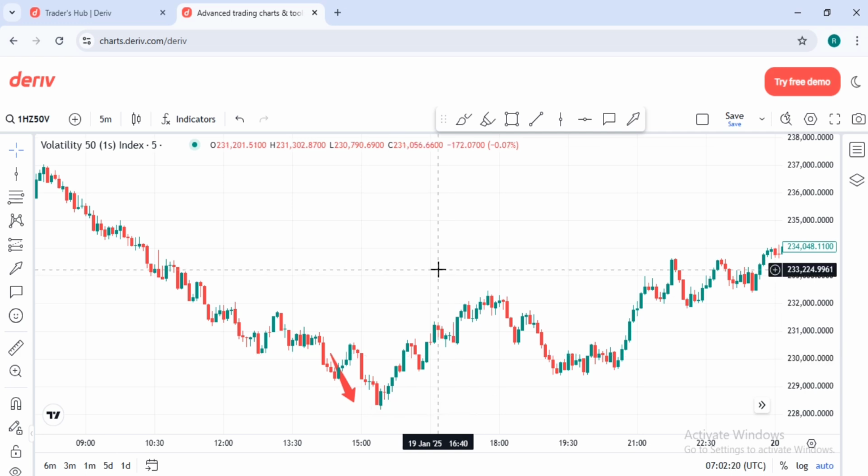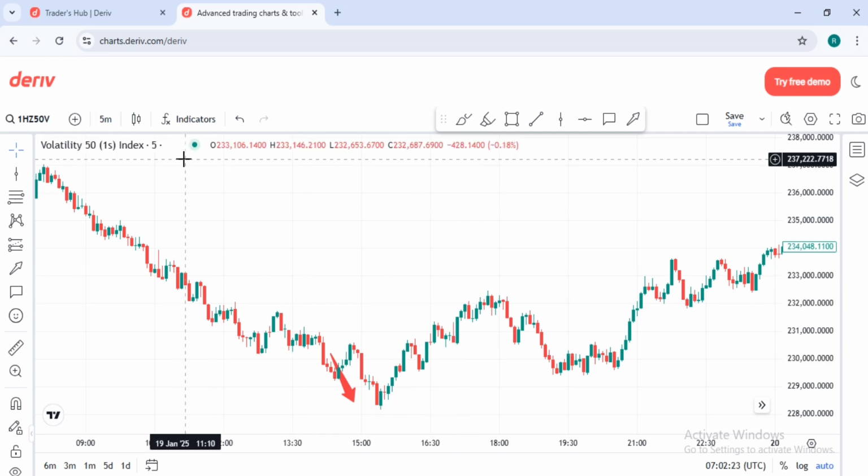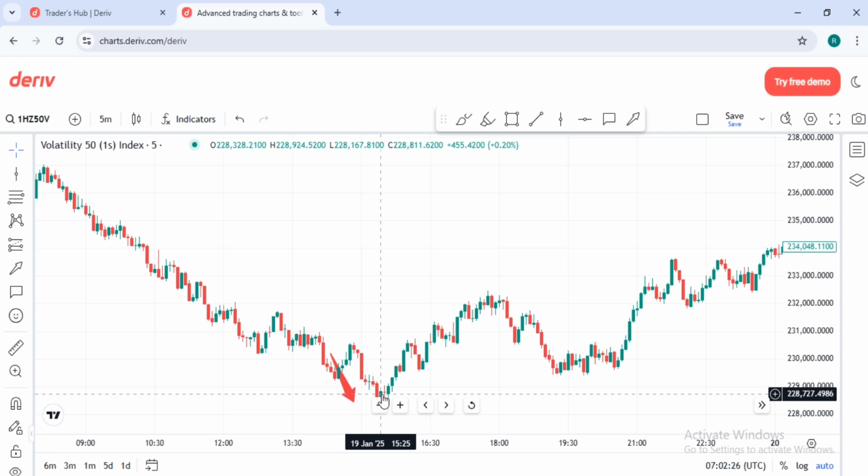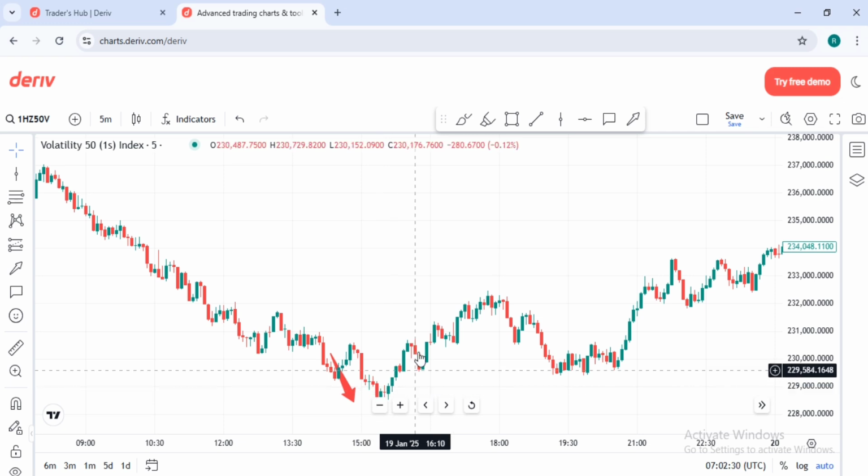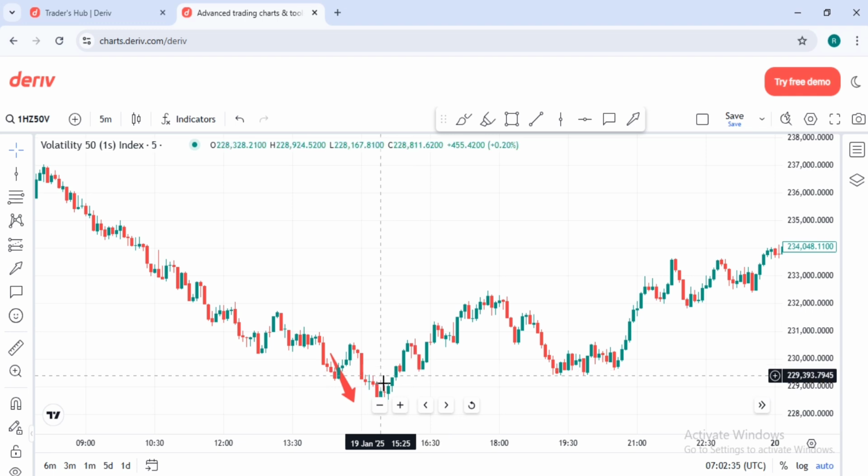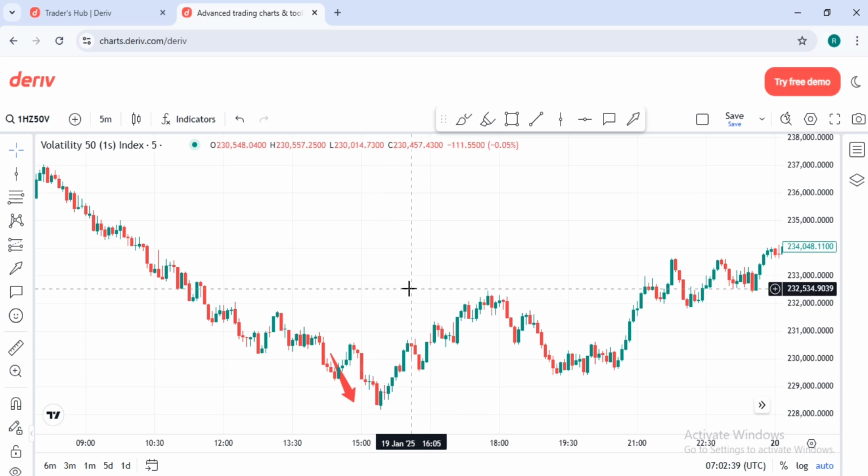So if you are using the 5 minutes time frame, listen carefully, and the red candlestick has formed followed by a green one, in other words, the piercing line pattern has been formed. Immediately the green one closes, you are supposed to enter your trend immediately.